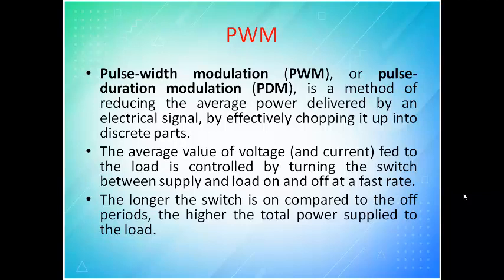If you do it at a slower rate, it will become discontinuous mode. In discontinuous mode you will not get a constant output voltage and current. Voltage and current will touch 0 at every duration of time, and that is called discontinuous. We need only continuous output, so we will go for a faster rate.